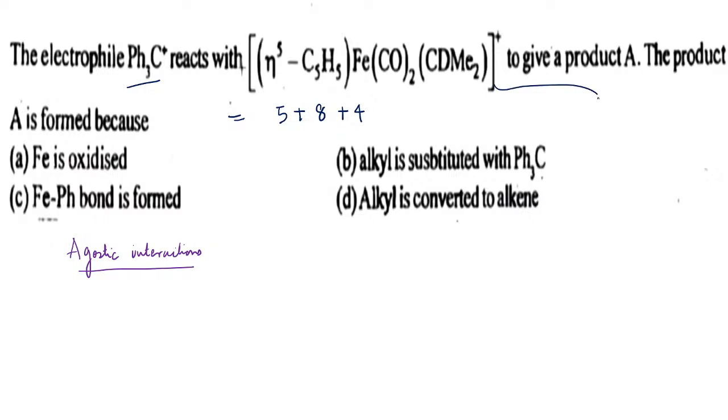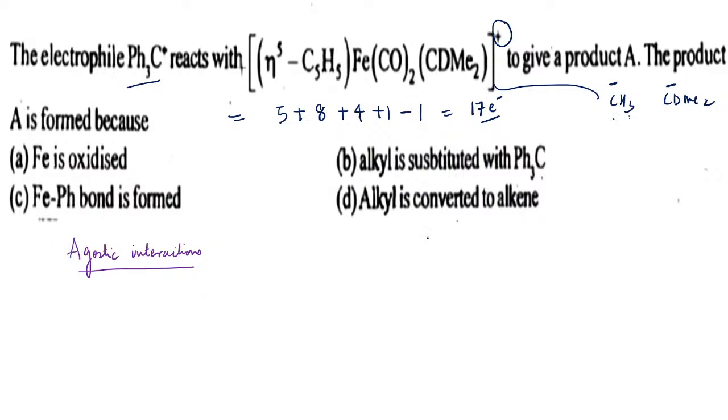CDMe2. Just relate this ligand with CH3 negative, so it's a 1 electron donor. So I'll write +1 over here, and this complex has a +1 charge, so -1. Now 8 plus 4 is 12, 12 plus 5 is 17, so it's a 17 electron complex.